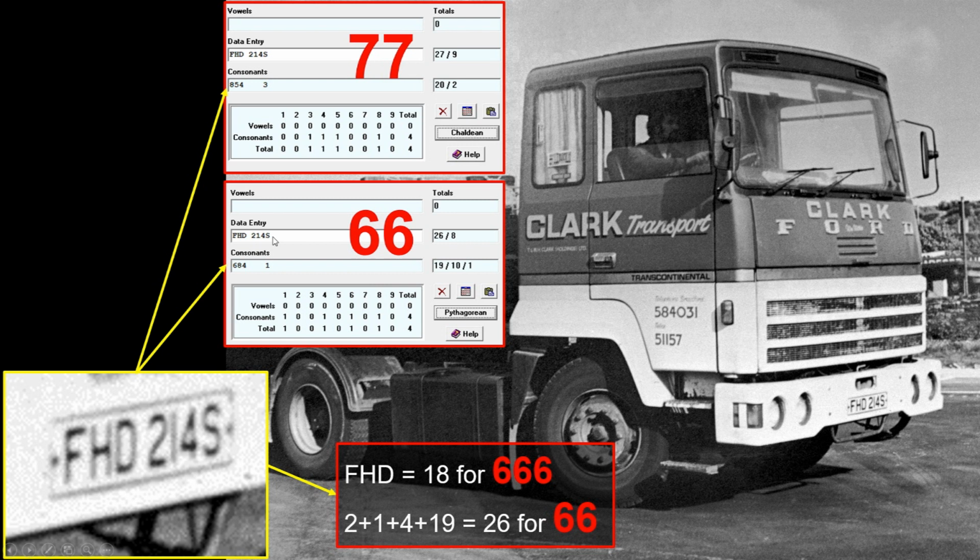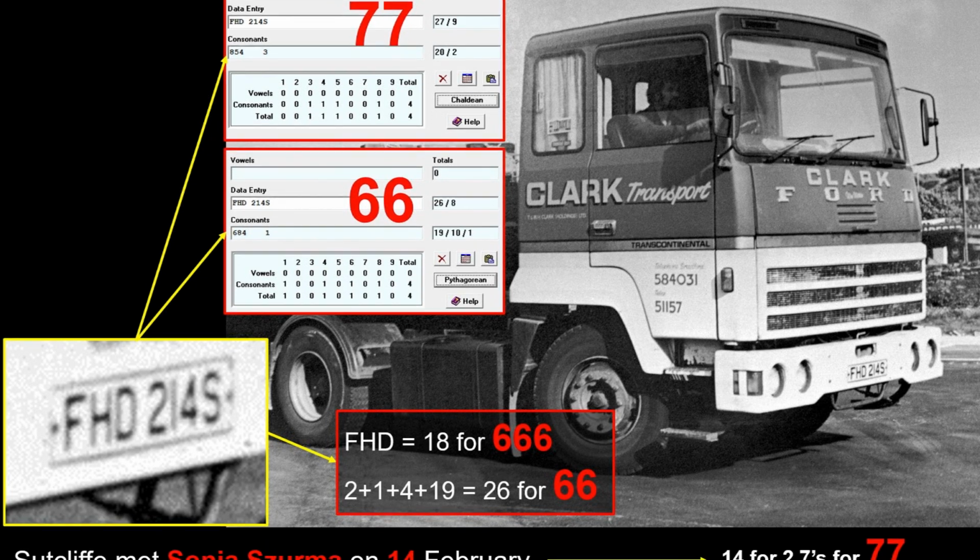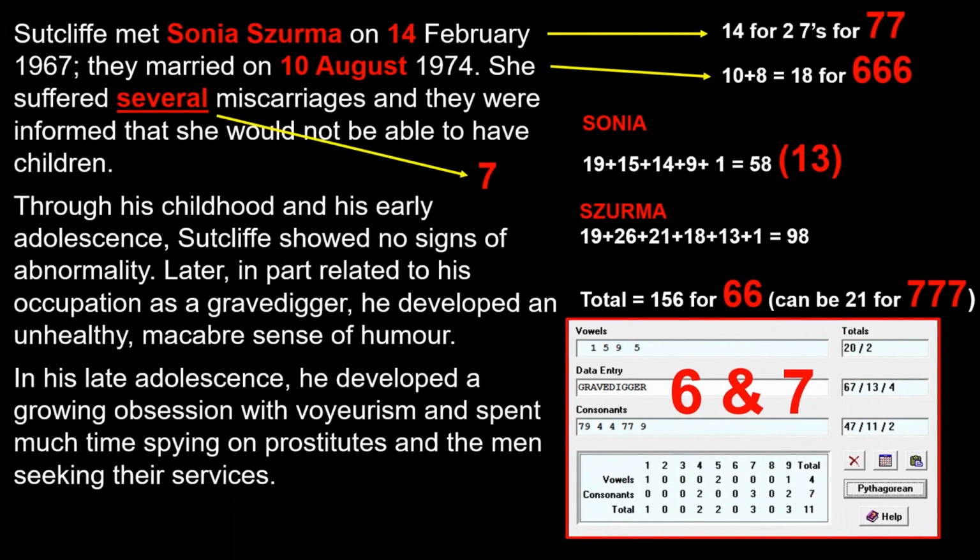And we've got FHD 214S in Pythagorean is 26 again for 66. Coincidence? Plenty of 22s, plenty of 66s associated with Peter Sutcliffe. And if we look at the full number plate in Chaldean numerology, it adds up to 27, for 2 7s, for 77.